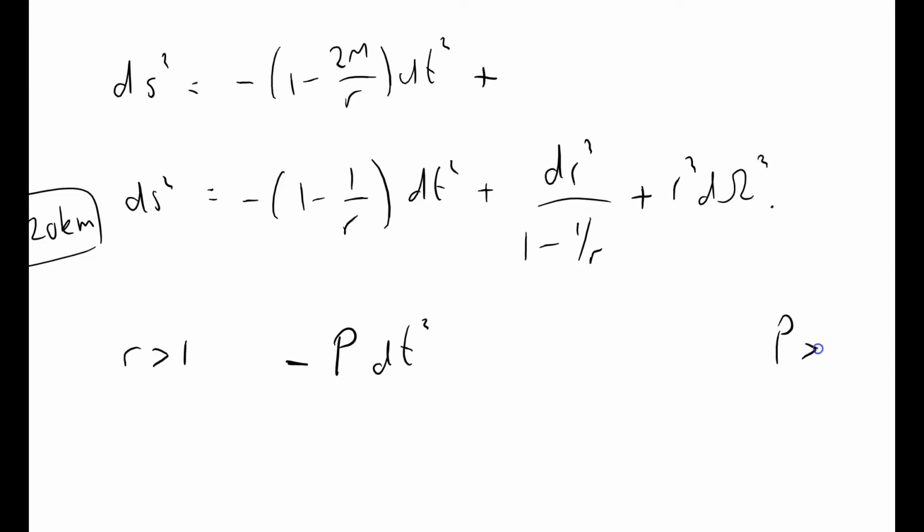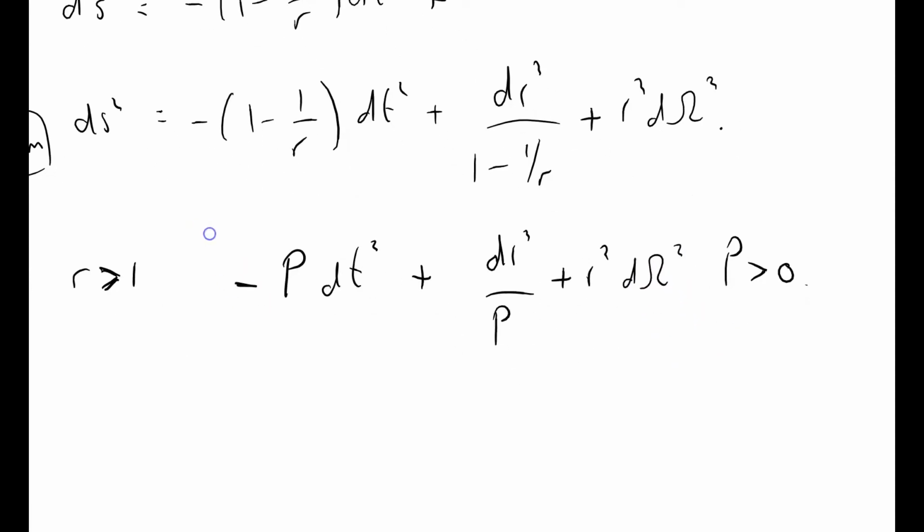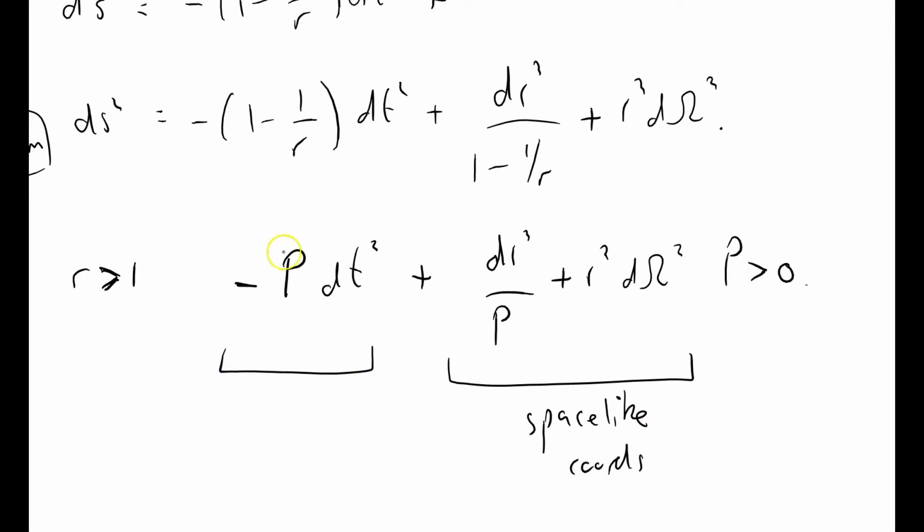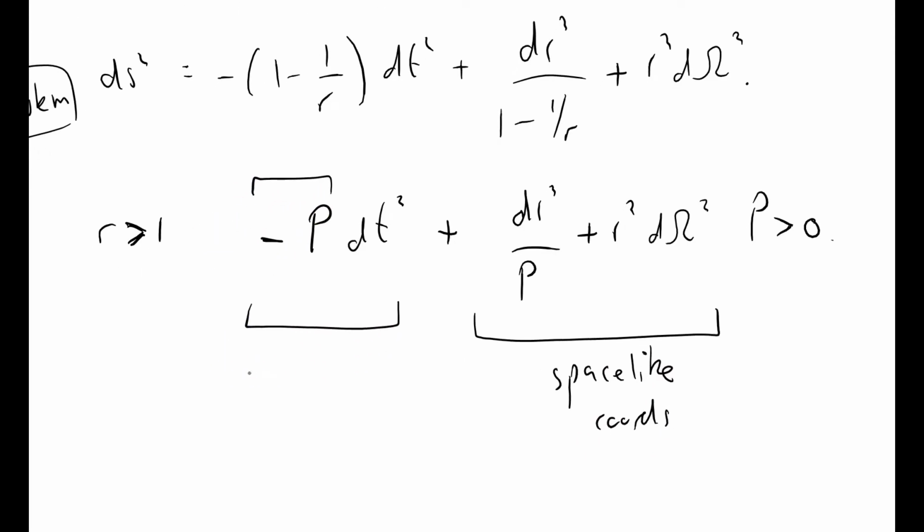I'm going to call it p for a positive number, strictly positive, because we are strictly greater than 1, plus dr squared over p, again positive, plus r squared d omega squared. So just looking at the signs of everything, these are the space-like coordinates. This one, because it's got a negative multiplier, is a time-like one. So that says that t is time-like, as it should be.